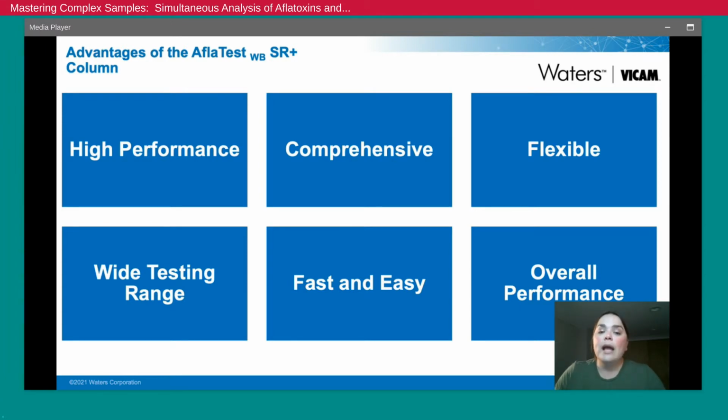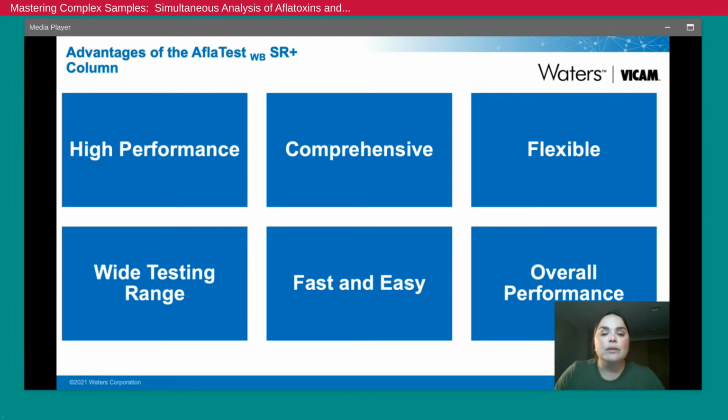The column and the method is comprehensive. VICAM's Aflatest WBSR Plus immunoaffinity column binds aflatoxin B1, B2, G1, and G2, as well as aflatoxin M1, M2, and STC.